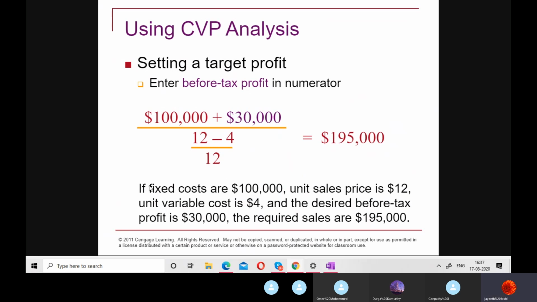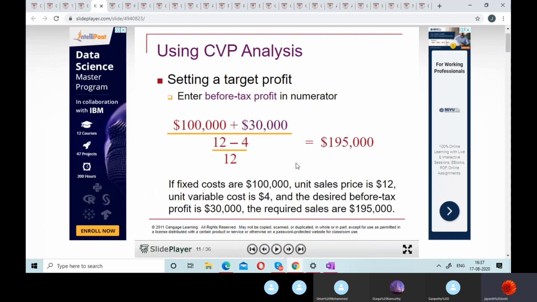If you want to find out your desired profit, that desired profit you have fixed to the tune of $30,000. So they are asking you what would be the required sales.